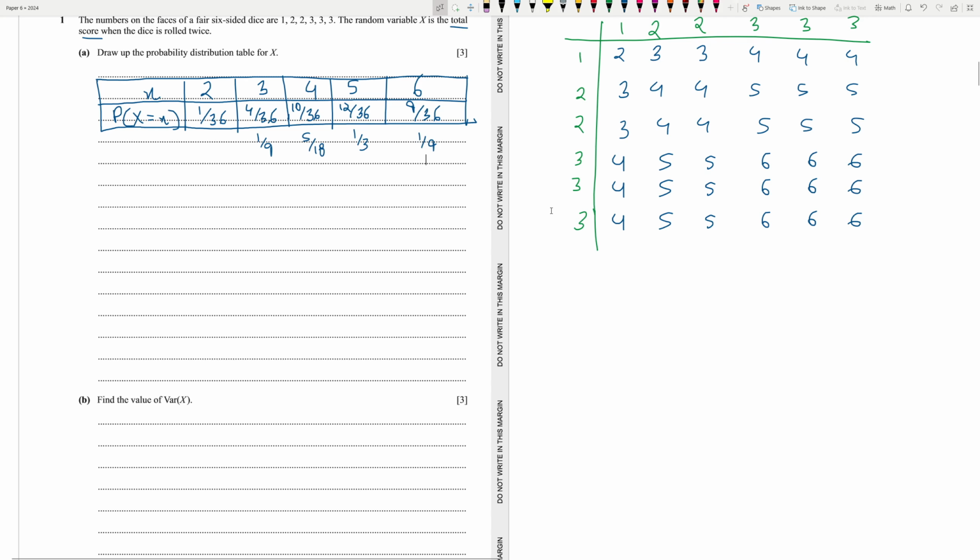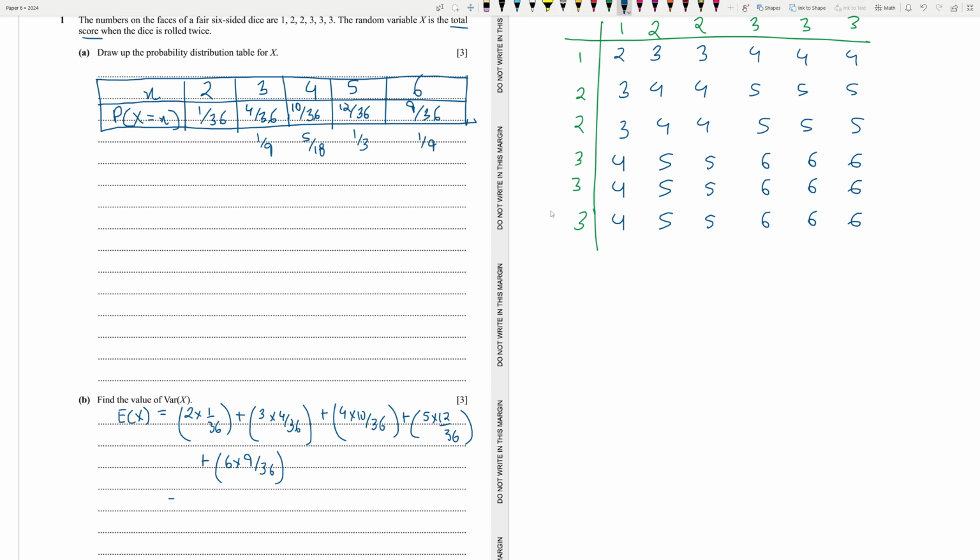Find the value of variance. So how to find out variance? We know that variance is basically summation of x square p minus expectation square, right? So let's find out the expectation first. What will the expectation be? It's basically 2 times 1 by 36 plus 3 times 4 by 36 plus 4 times 10 by 36 plus 5 times 12 by 36 plus 6 times 9 by 36.